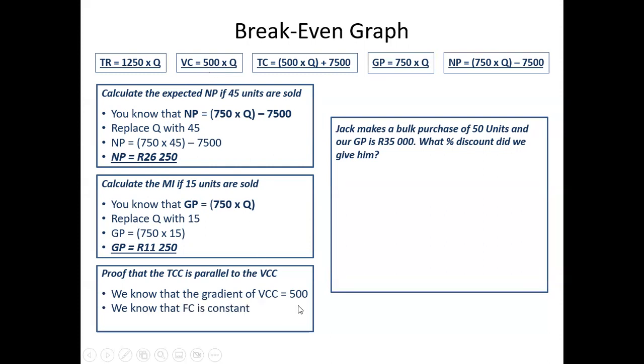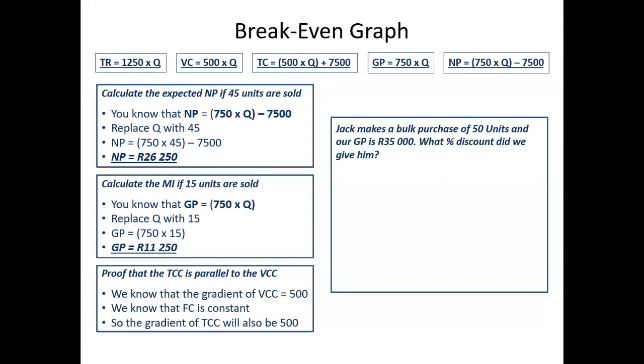We also know that the fixed cost is constant. So the gradient of the total cost will also be 500. Because if you have a constant that you are adding to the curve, the gradient does not change. That's the rule. I only want to see that you know the rule, and so you can answer this question by writing those three little statements there.